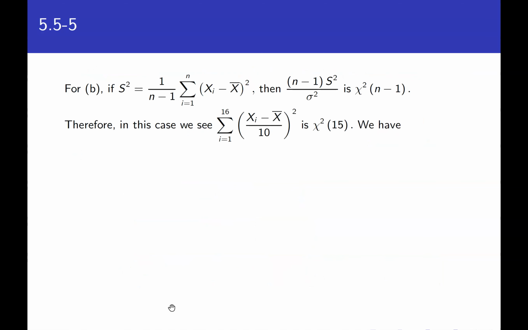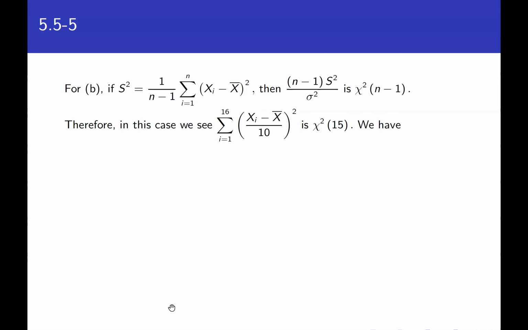For part B, we attack it in a similar way, except we need to remember that when we add up the (X_i minus X bar) squared and divide by n minus 1, we get the sample variance. Then if we take n minus 1 times S squared over sigma squared, we get a chi-squared with n minus 1 degrees of freedom.